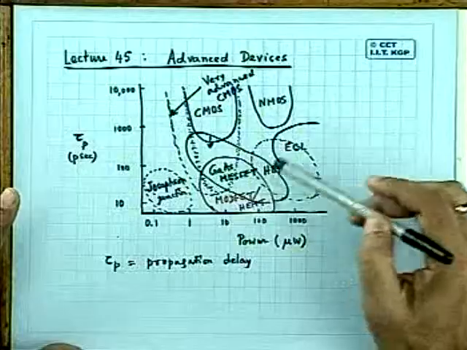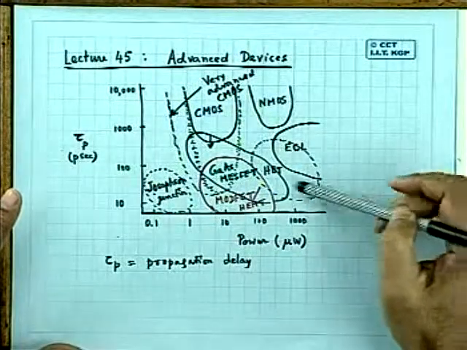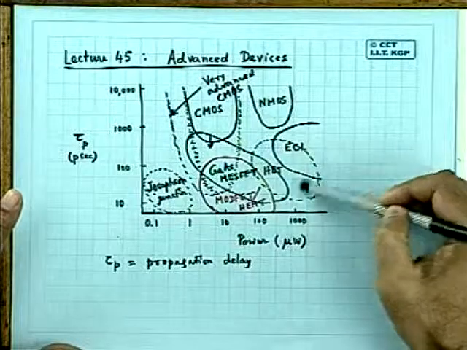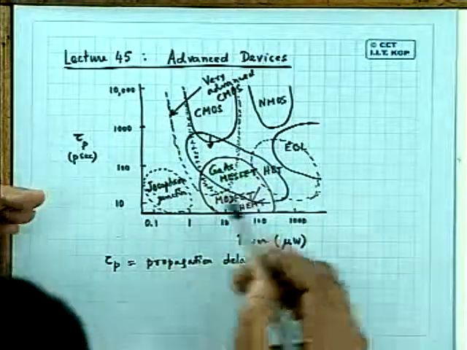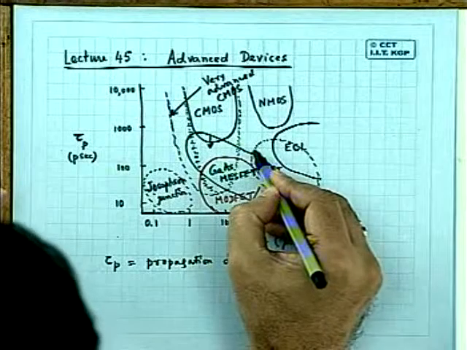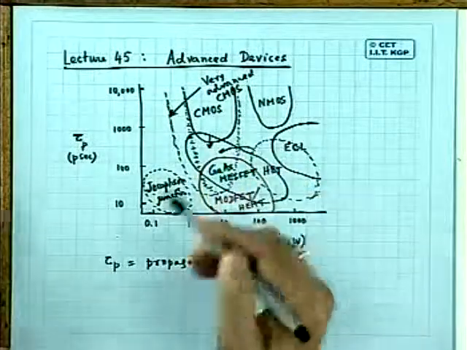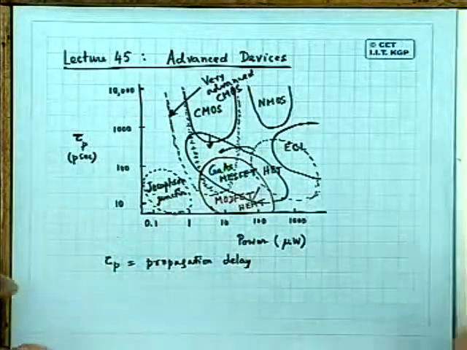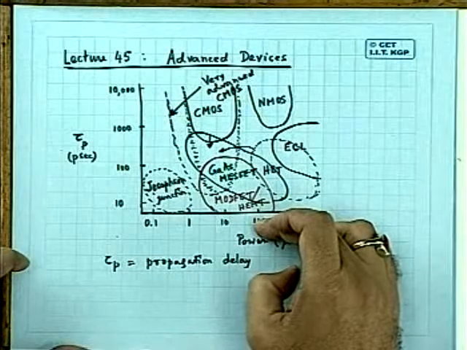On the other hand, the heterojunction bipolar transistor HBT curve, whatever I have shown, is a little bit old, but HBT is also coming very close. In fact, there has been a movement of this curve towards this. HBT is occupying a region like this, doing very well. HBTs are doing very well today, and both HBTs and MODFETs, they are fantastic.